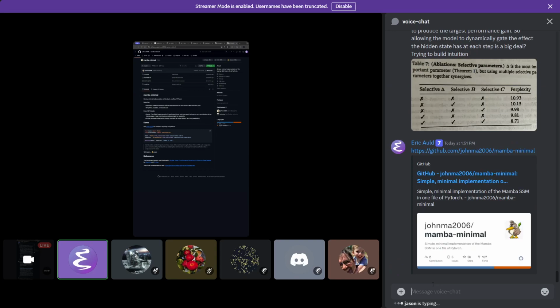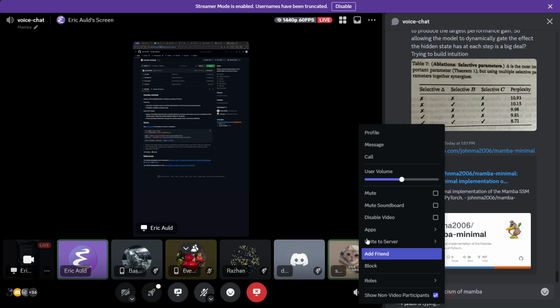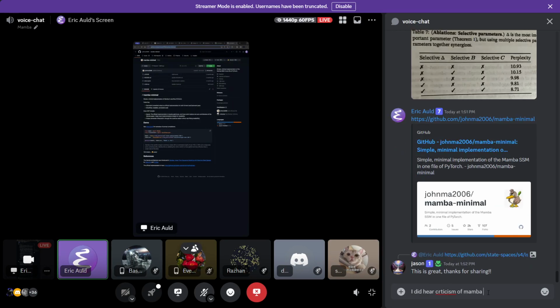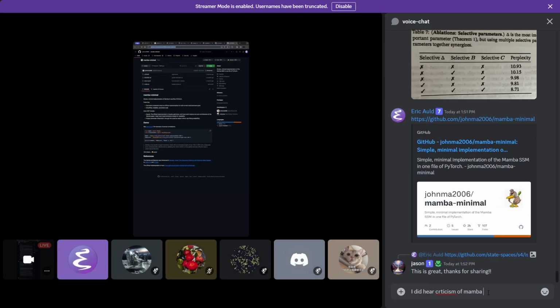It's a very inefficient but easily parsed version of the Mamba model. So you can just read it. It's all in one file. It's very good. Let me pause once more for questions.